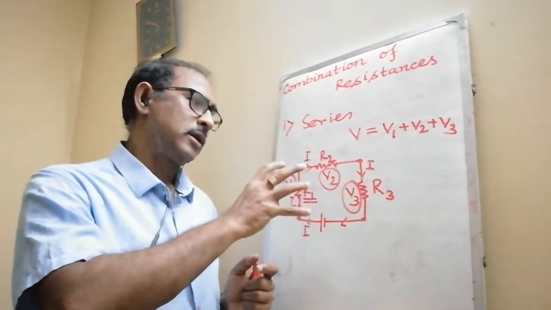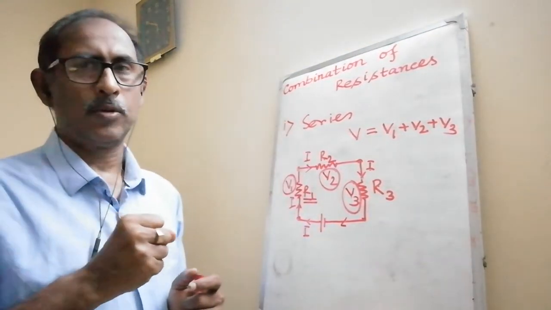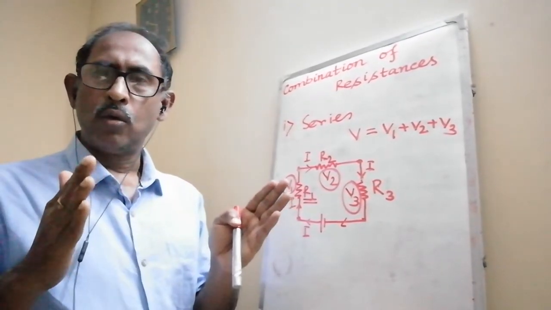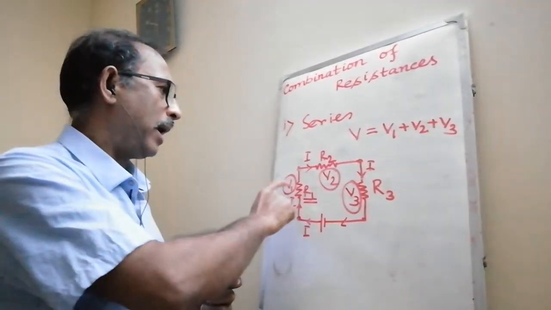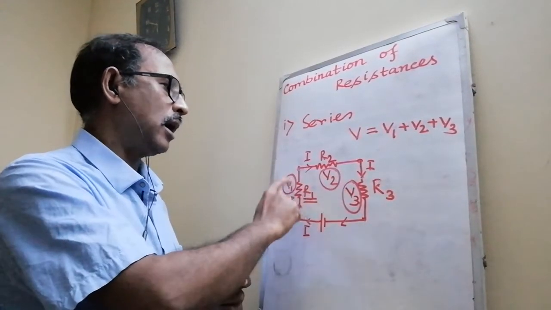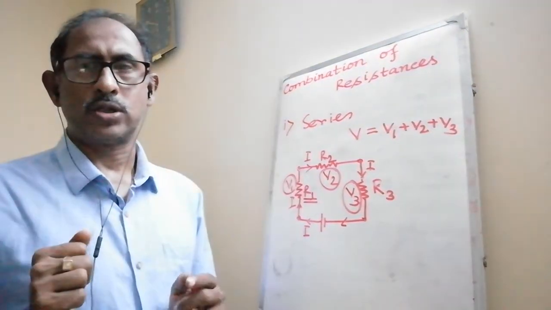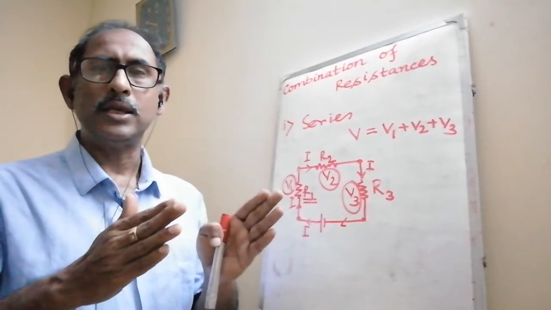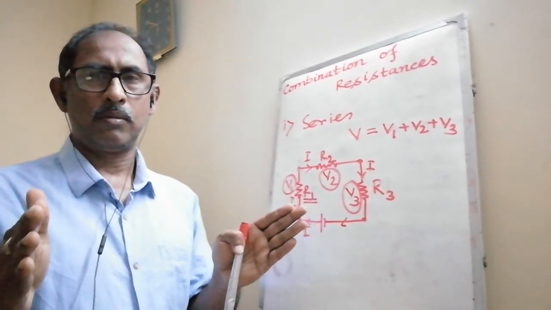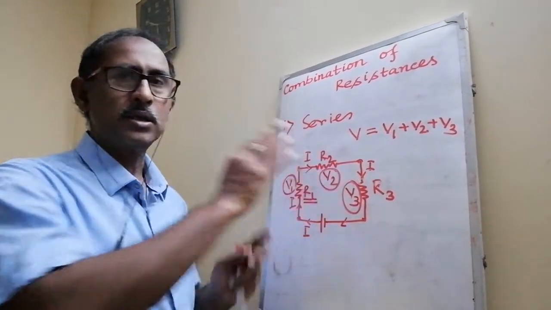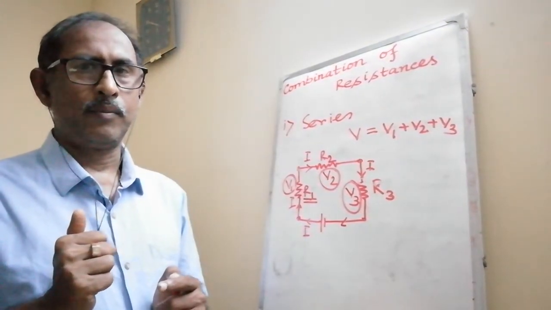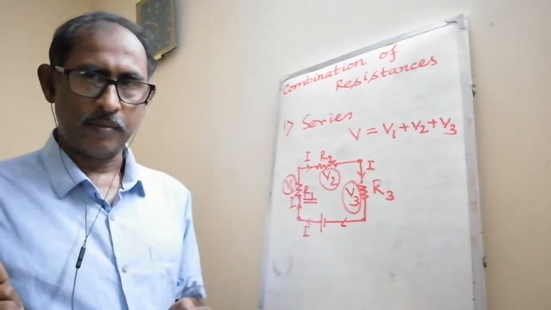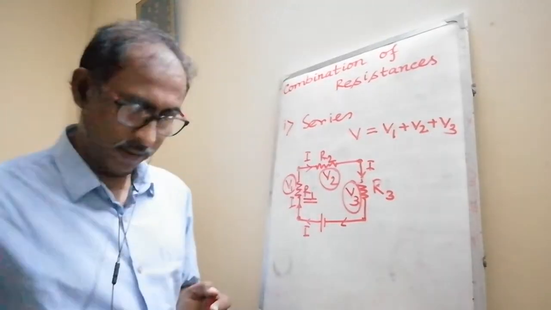That means in the series circuit, the potential difference of the circuit is divided across all the resistors. The potential difference is divided, but the current through them is the same, and the resistors are connected end to end. This is the series combination.